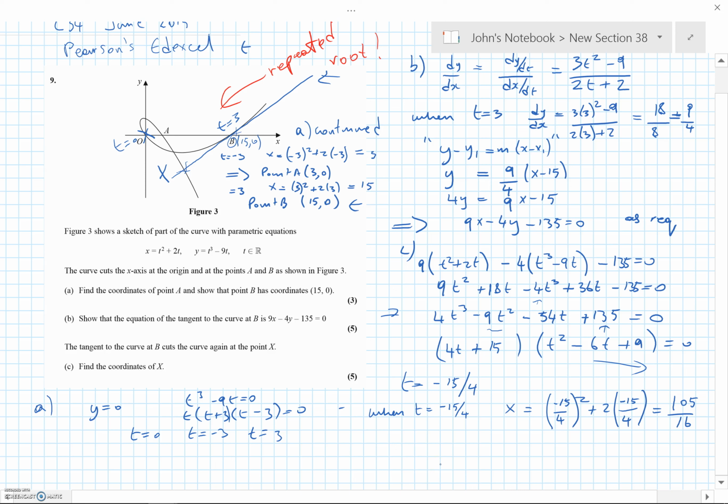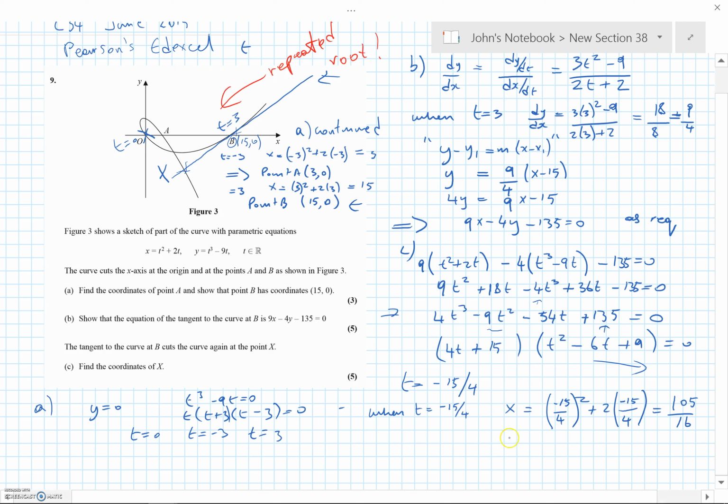That does seem kind of promising, because that works out as 6.5625. And remember that it's 3 there and 15 at point B, so we expect it to be halfway between those. So that seems quite a reasonable answer. So that looks good.